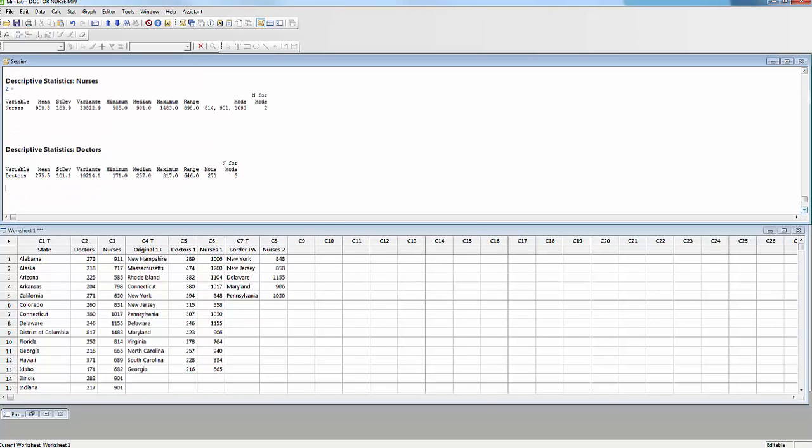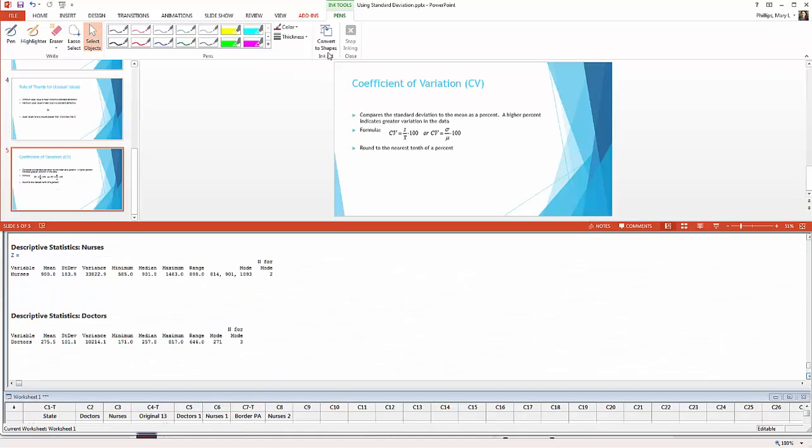Okay again. So now I have mean and standard deviation for the doctors as well as mean and standard deviation for the nurses. The means are very different. The standard deviations are very different. So to compare these two different sets, what I want to use is the coefficient of variation, or CV. To calculate the coefficient of variation, I'm first going to do the nurses.